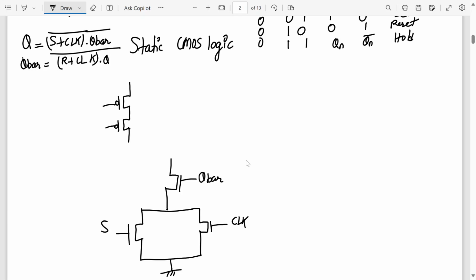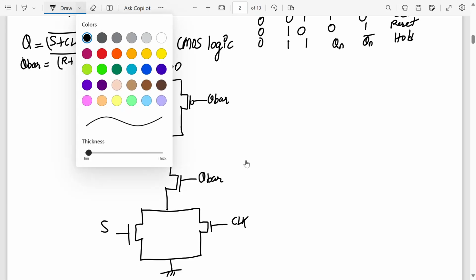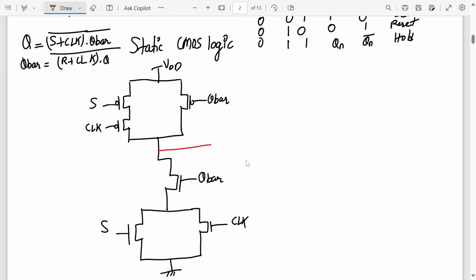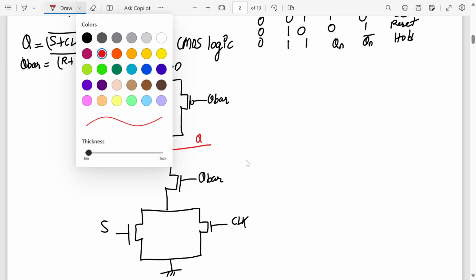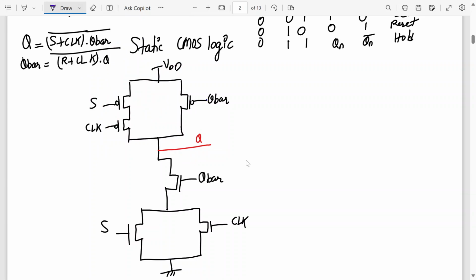Yes, sir. S, clock, and that will be in parallel with Q bar. Alright, so this is my network, and here is my output. This will be Q. Let me mark that as red. So this is Q, and you can draw the same colors, but see to it that there is no overlapping. This is Q bar.